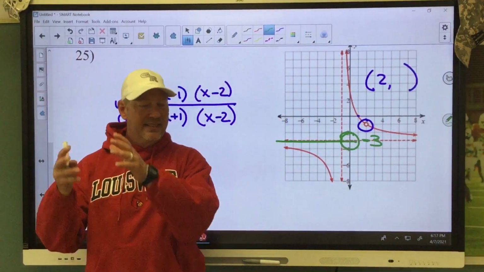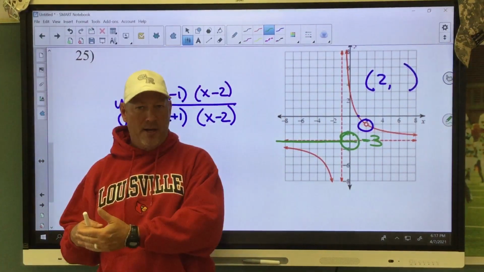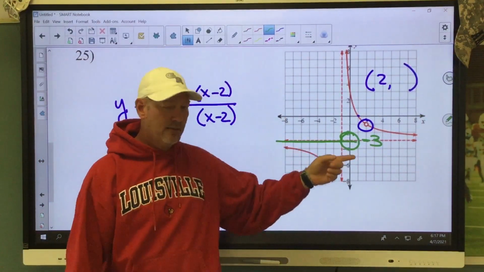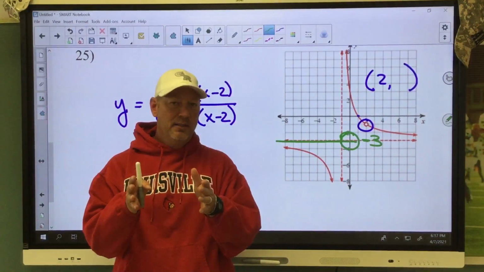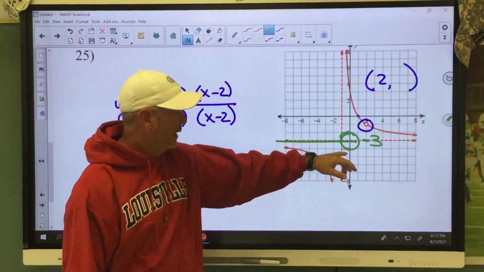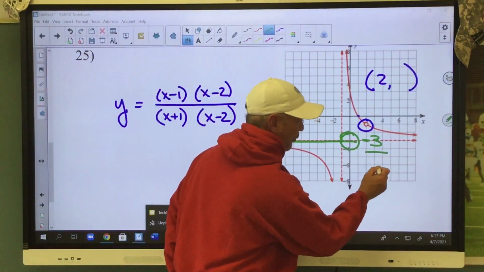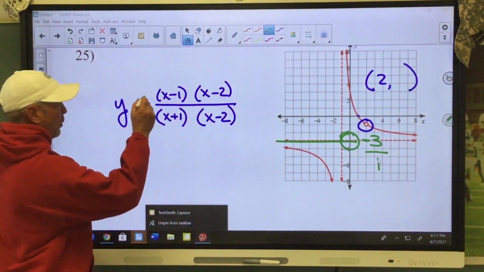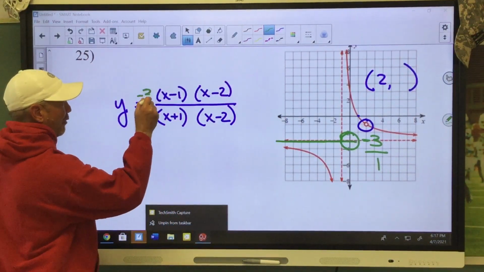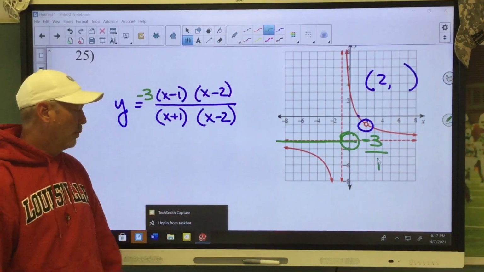Well, it's not 0, meaning the bigger exponent isn't at the bottom. There is an asymptote, so it's not the bottom. So it has to be equal degrees. And we need this to be a negative 3, which is equivalent to negative 3 over 1. So we're going to put a negative 3 in front of our parentheses. And this would be your equation.